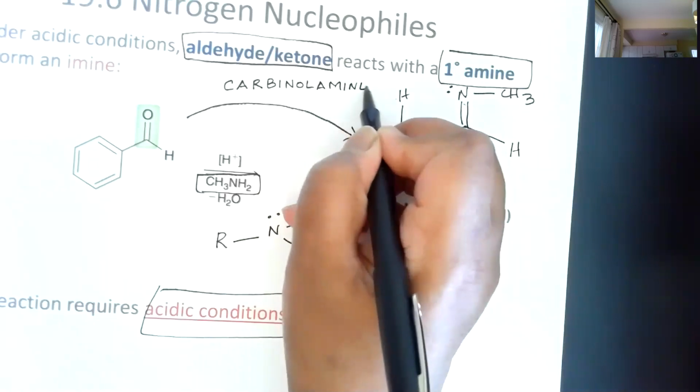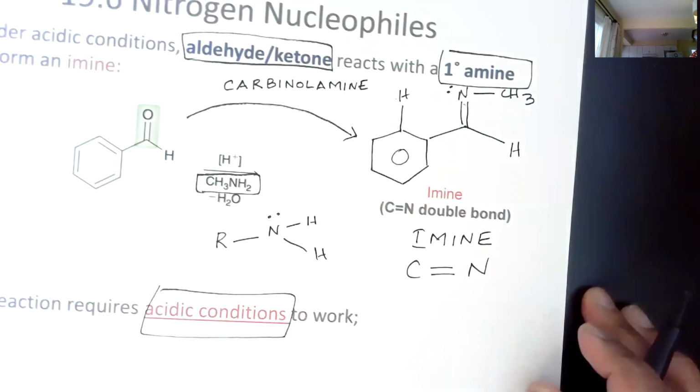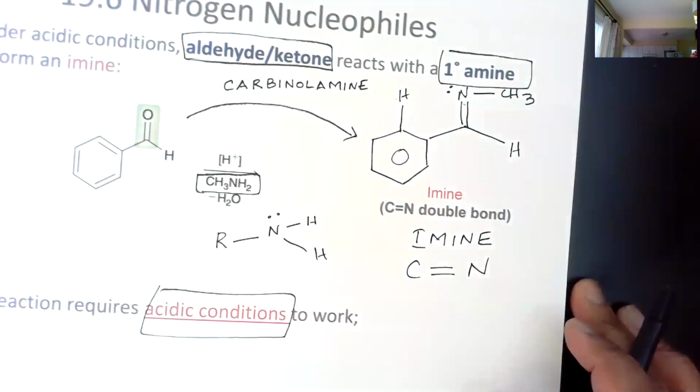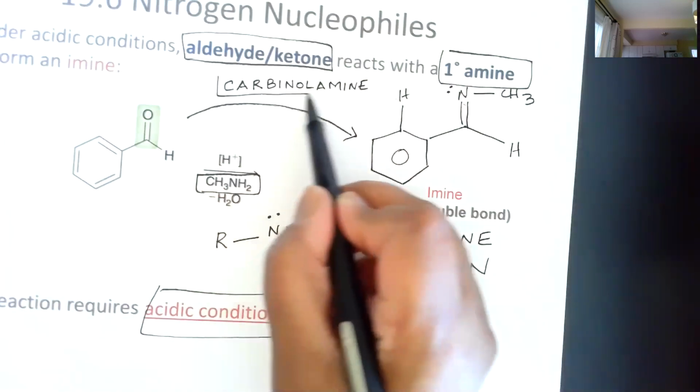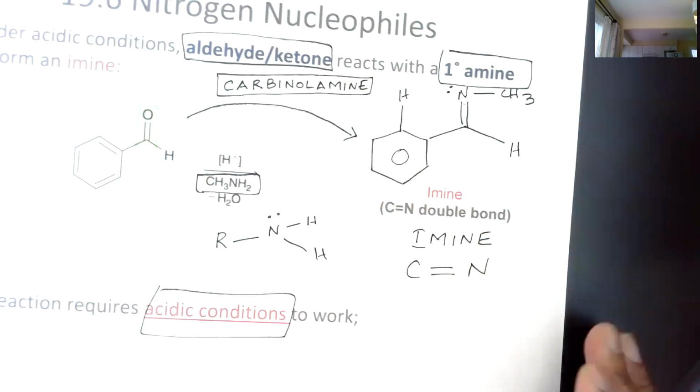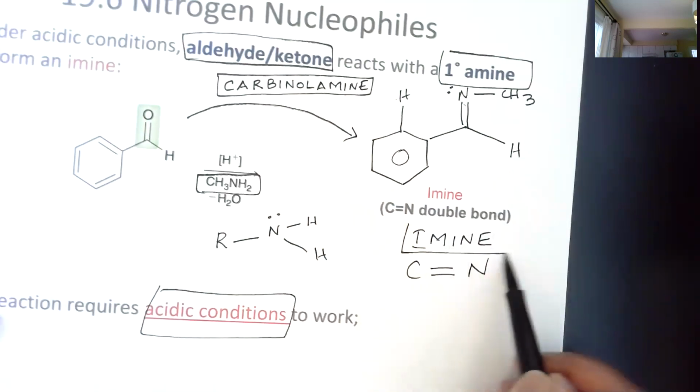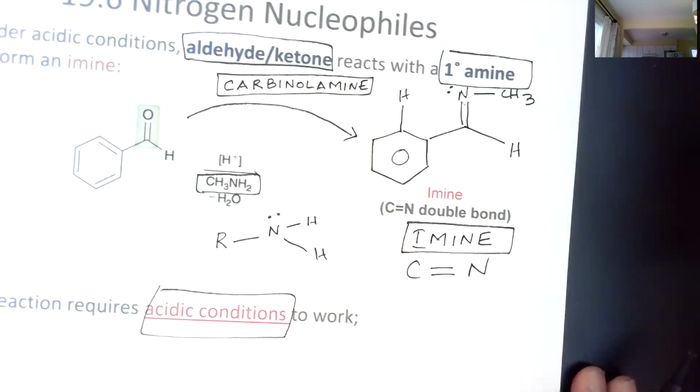I wish they had similar names. Okay, so the intermediate structure is called a carbinolamine. And the final structure is called an imine. Okay, so acetal, hemiacetal, carbinolamine to an imine.